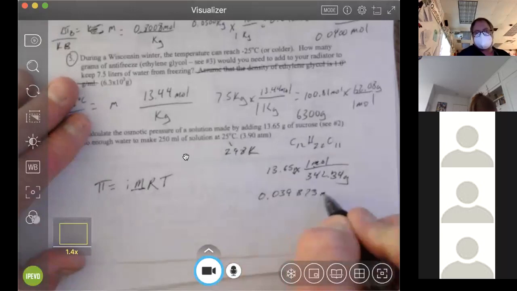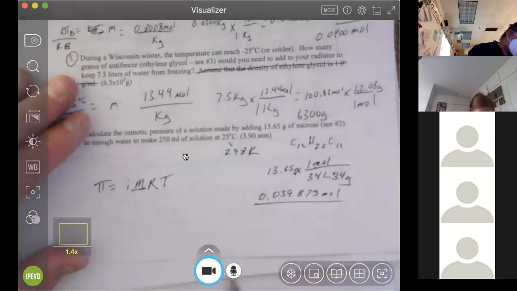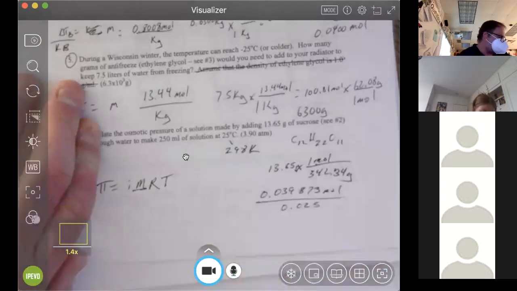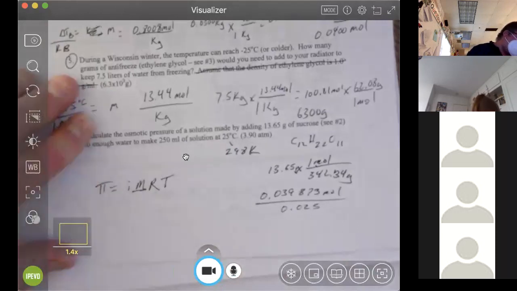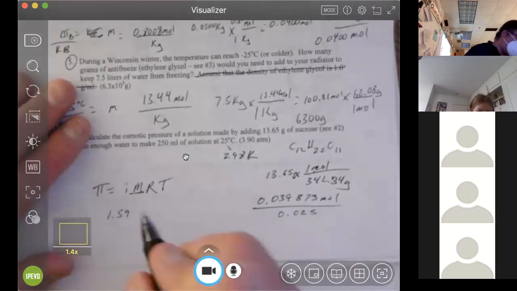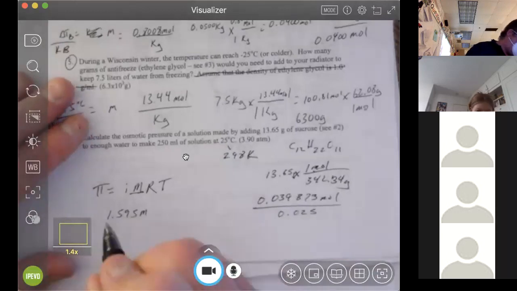And it's enough to make 250 milliliters of solution. 0.0398726 divided by 0.025 is about 1.5949, so that's 1.595 molar. Our index we set as 1.